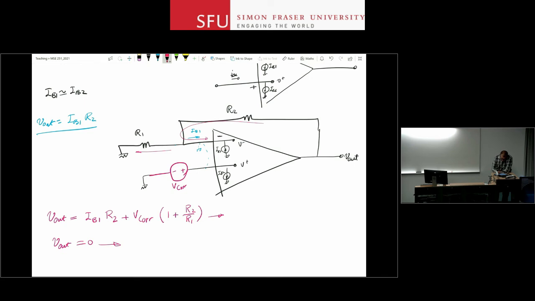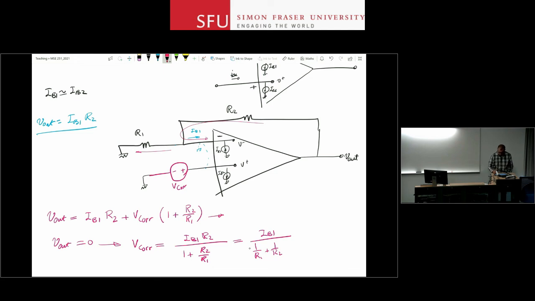So I can see that V correction should be IB1 R2 divided by 1 plus R2 over R1. Okay? Divide everything by R2, so it's going to be IB1 divided by 1 over R1 plus 1 over R2.